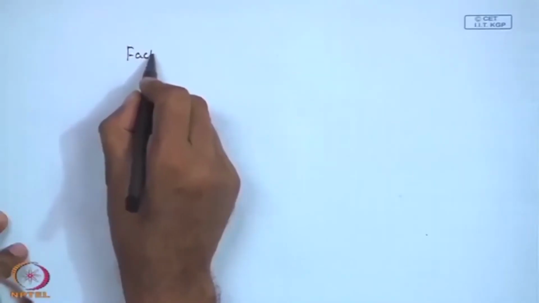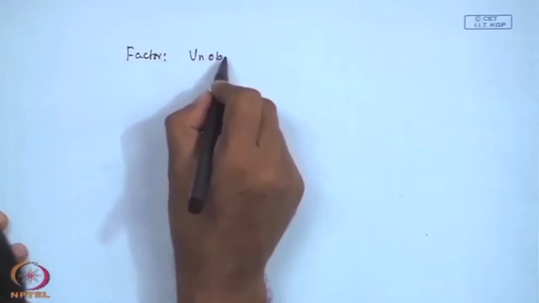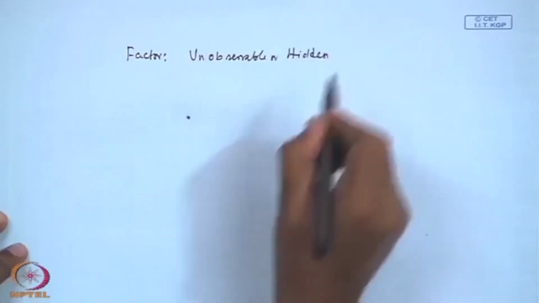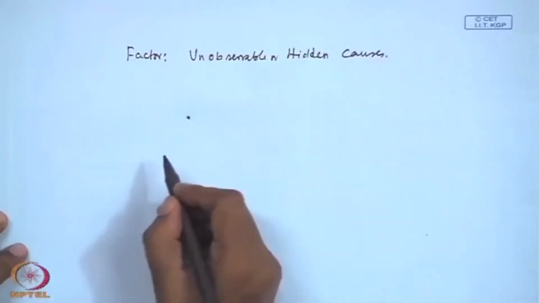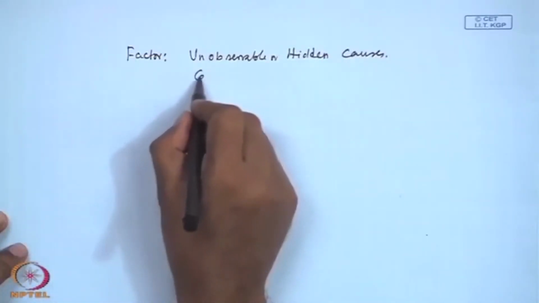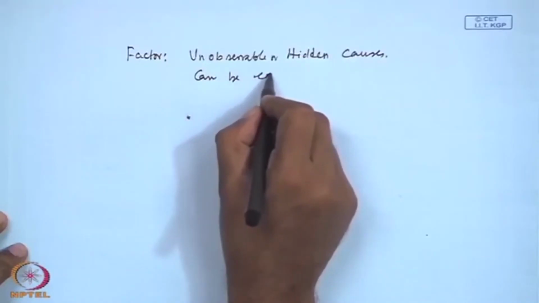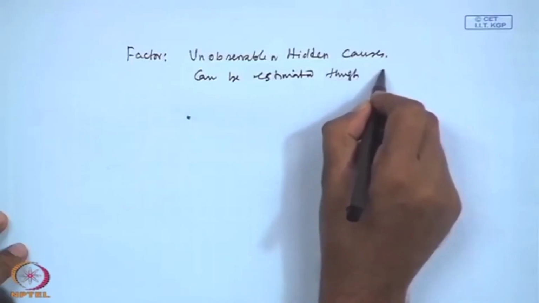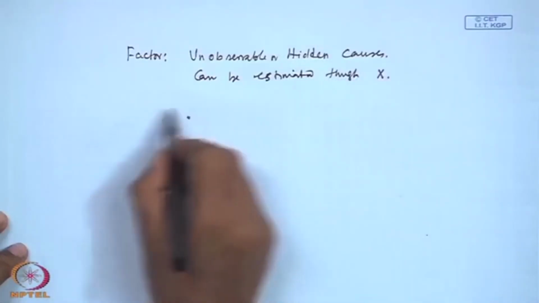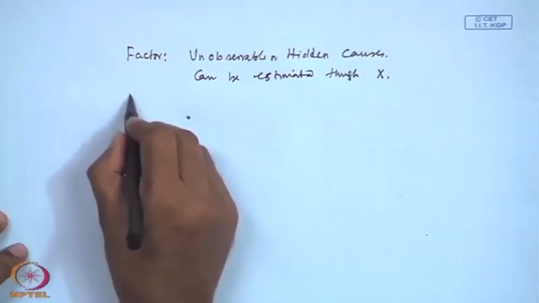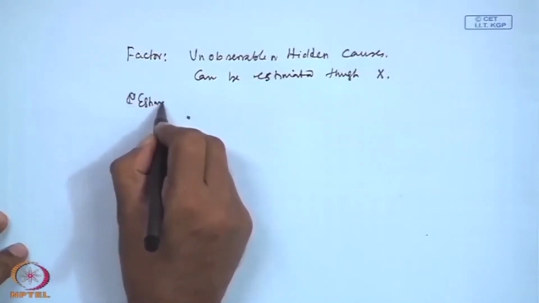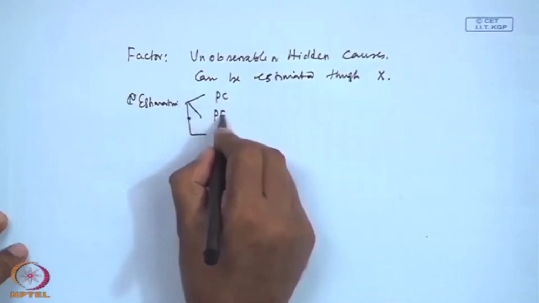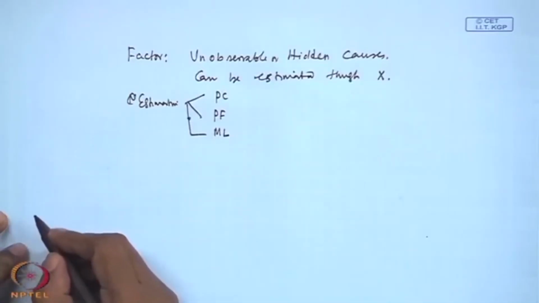What is a factor? A factor is unobservable or hidden. We say these are the causes, which can be estimated through the manifest variable x. There are estimation methods: principal component method, principal factor method, maximum likelihood method.